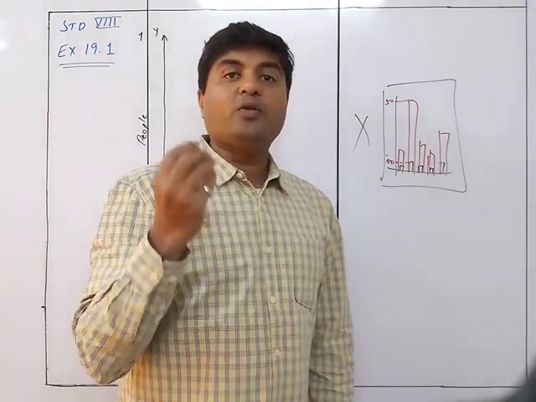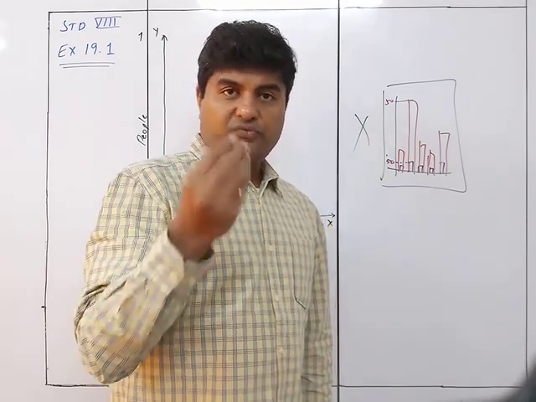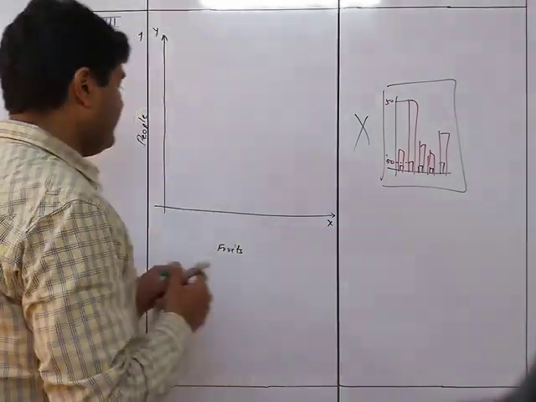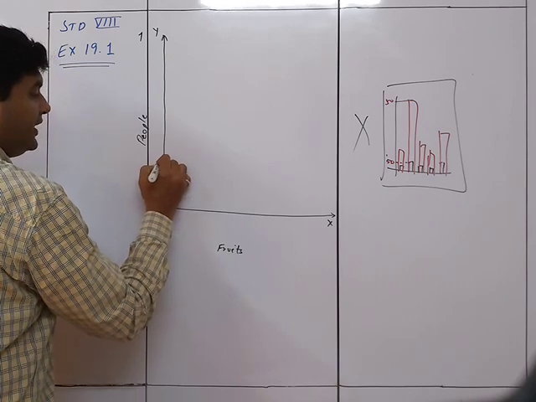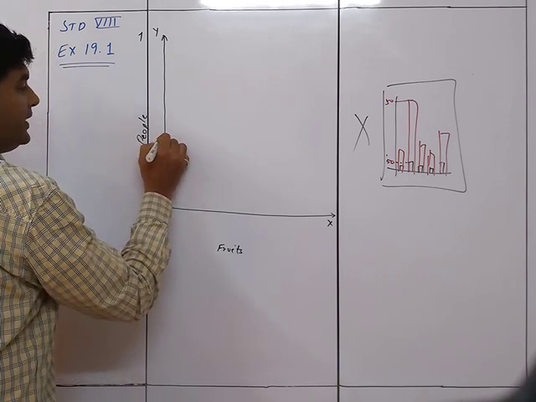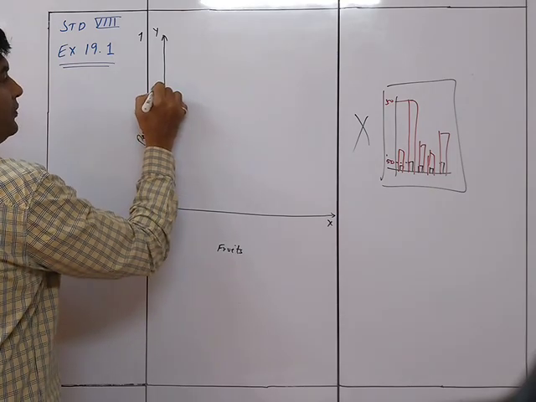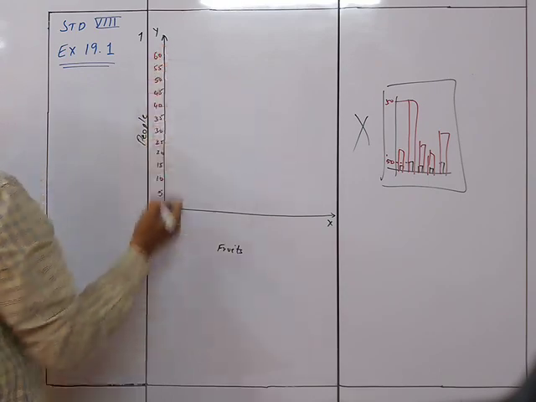It will be easier if you have taken the scale as 5, 10, 15 or 10, 20, 30, 40, 50. So here we will be taking 5, 10, 15, 20, 25, 30, 35, 40, 45, 50, 55, 60.